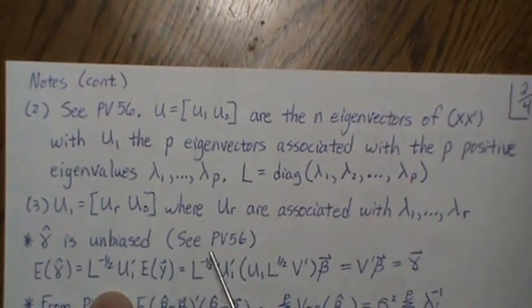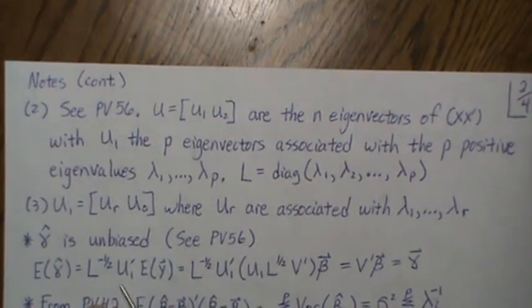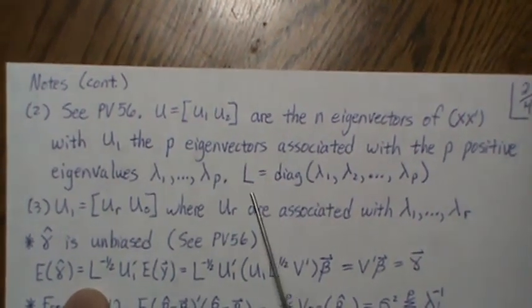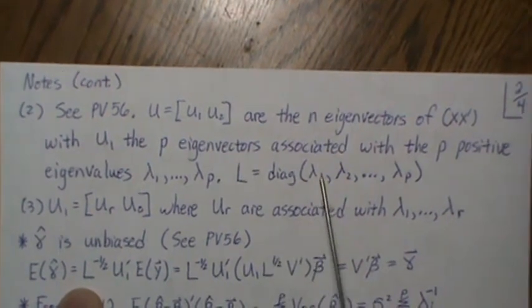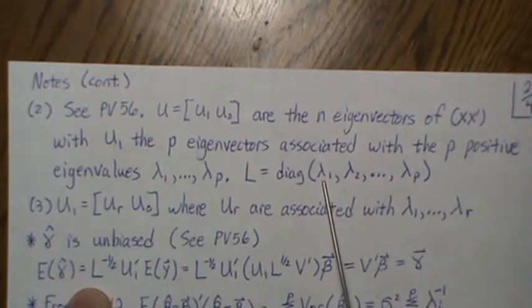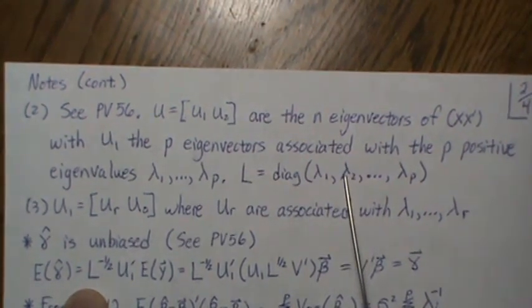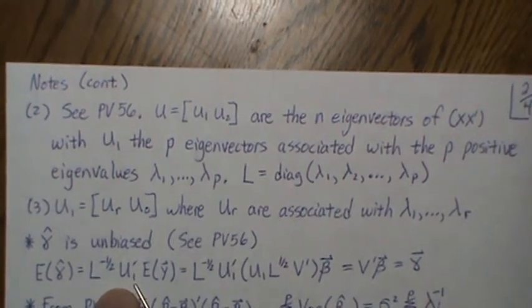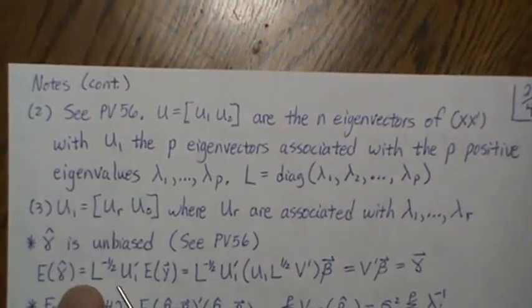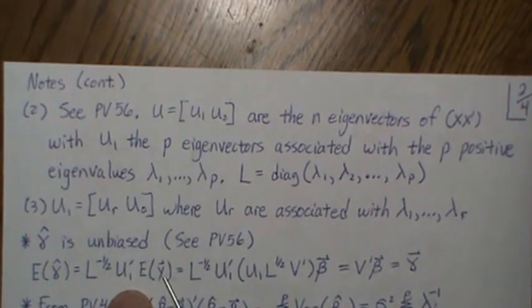In PV56 we showed that the least squares estimate is L to the minus 1/2, so these are raised to the minus 1/2. So it's 1 over the square root of lambda 1, 1 over the square root of lambda 2. That's what this represents. U1, of course, is here, and Y. But when we take the expected value, these are constant, so it goes in here.